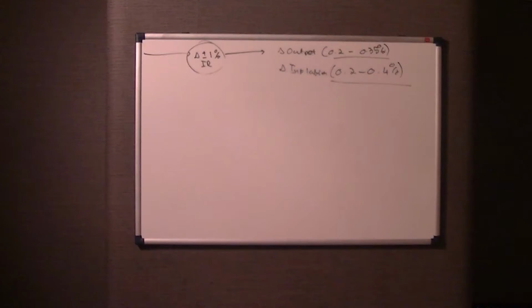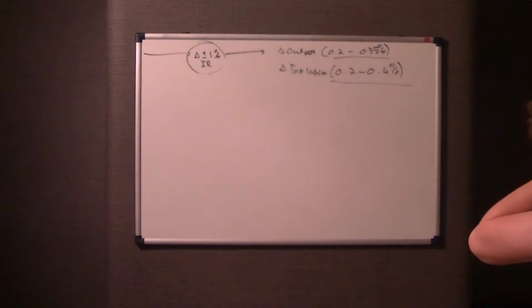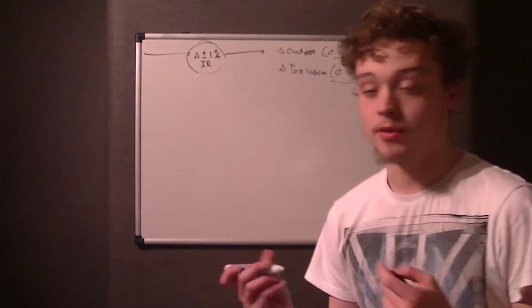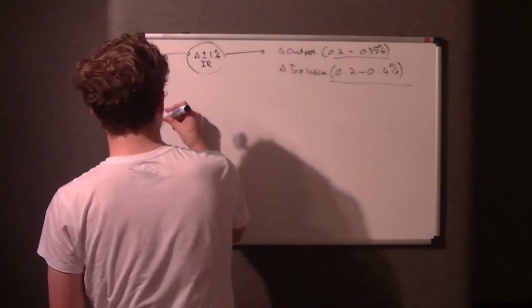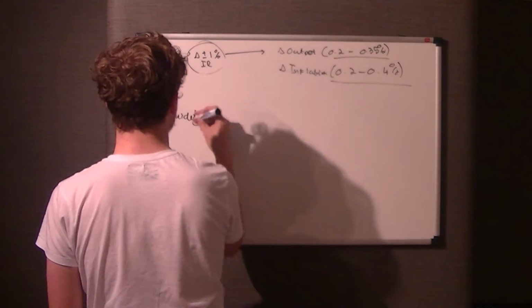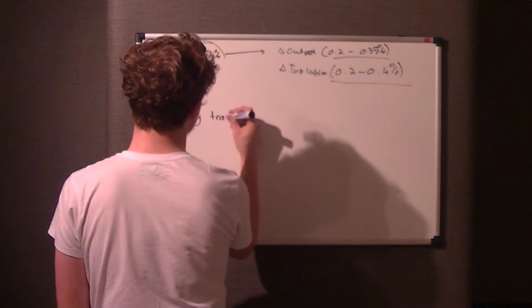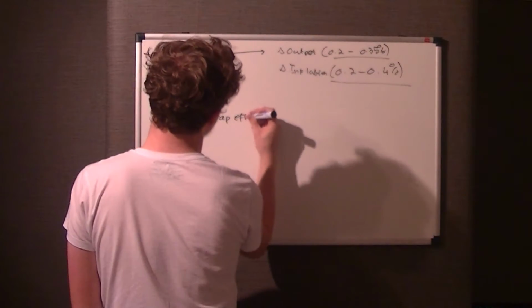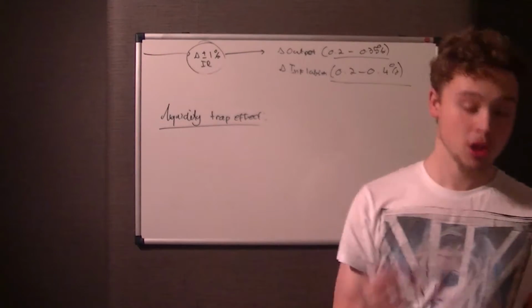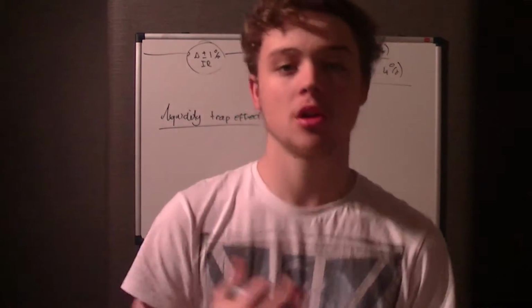Well, he came up with this idea called the liquidity trap effect, and it kind of relates to this really low rate of interest, okay? It goes off from the fact that even though we have such a low rate of interest, people aren't going to be spending, people aren't going to be investing, because there's no point in them investing, because they're not going to get much of a rate of return.